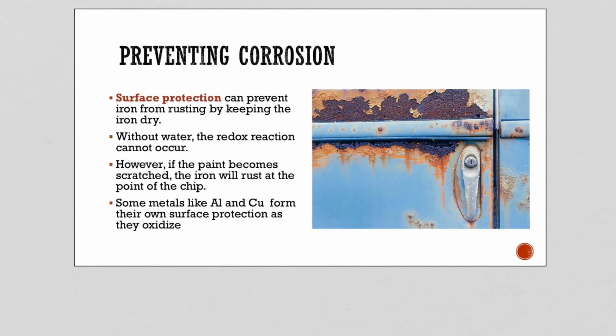Now, another thing that could be done is we could keep the iron dry, right? So one thing that we can mention here is that water is needed for rusting. So if there's no water, then rust can't form.